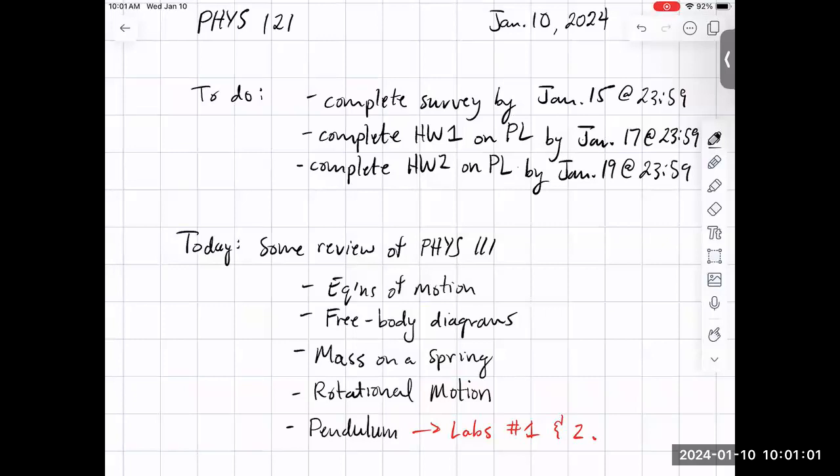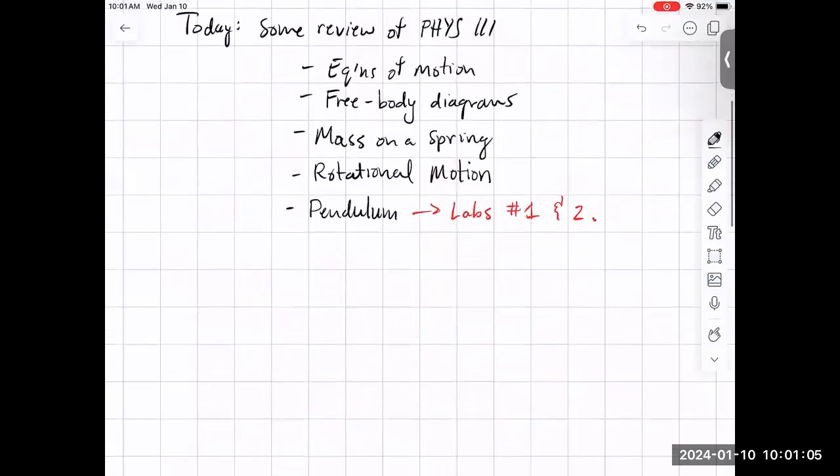Okay, so what I want to do is talk about some of these concepts from Physics 111. In particular, we'll talk about equations of motion, and by that, what I really mean is Newton's second law, F equals ma. We'll draw some free body diagrams. We'll talk about a mass on a spring.